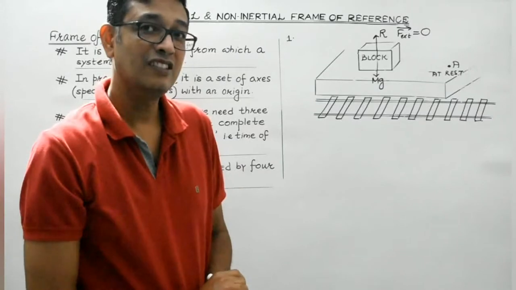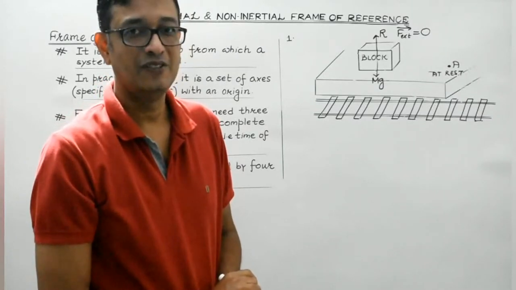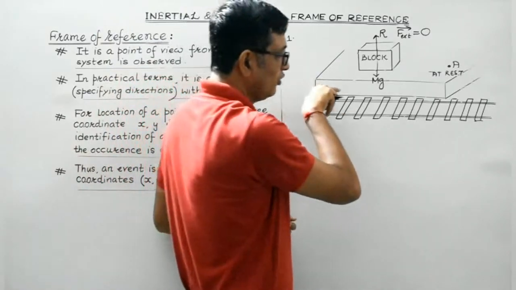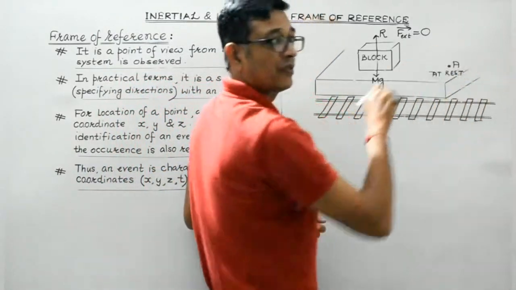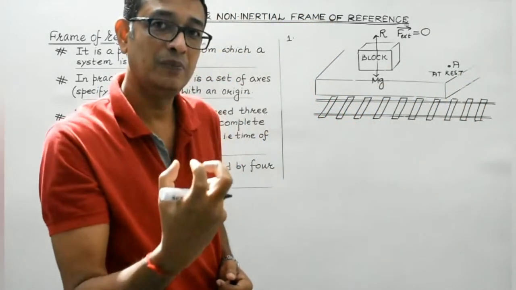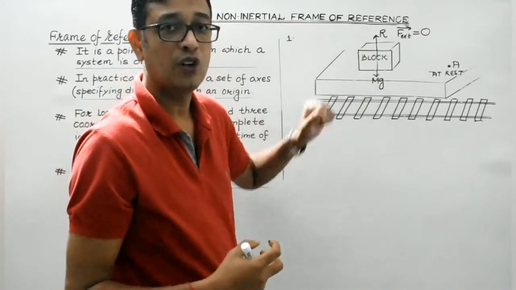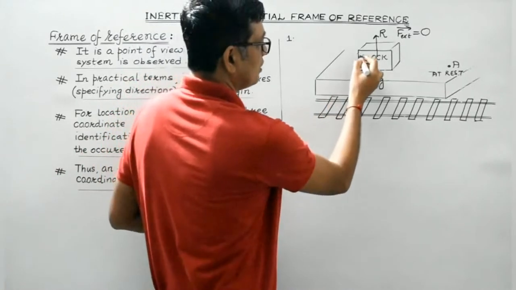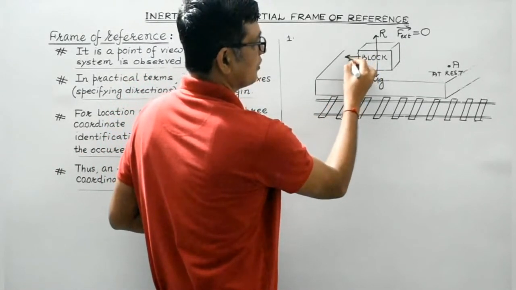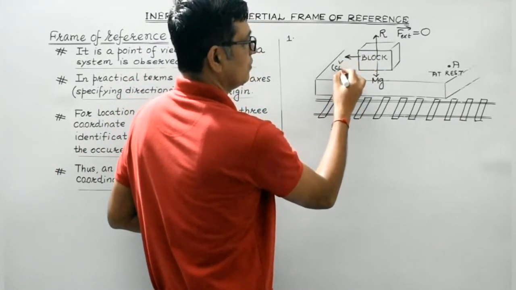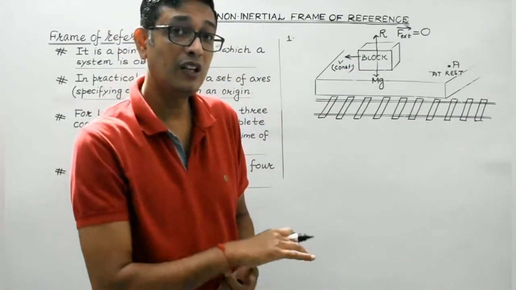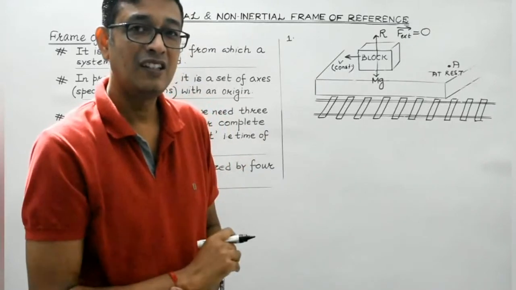Now consider the second observer, that is B, who is sitting in a train which is moving with uniform velocity V. So to the observer B, observing this block through the window of his train, it will appear as if the block is moving in the opposite direction with uniform velocity V. Am I clear, students? So, how will observer B describe the event?